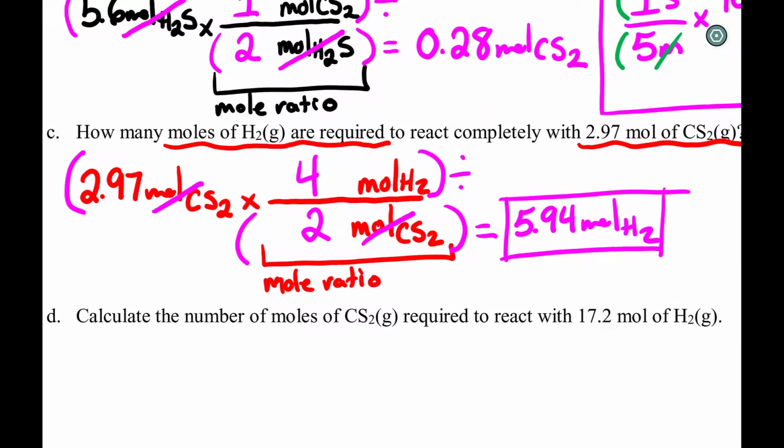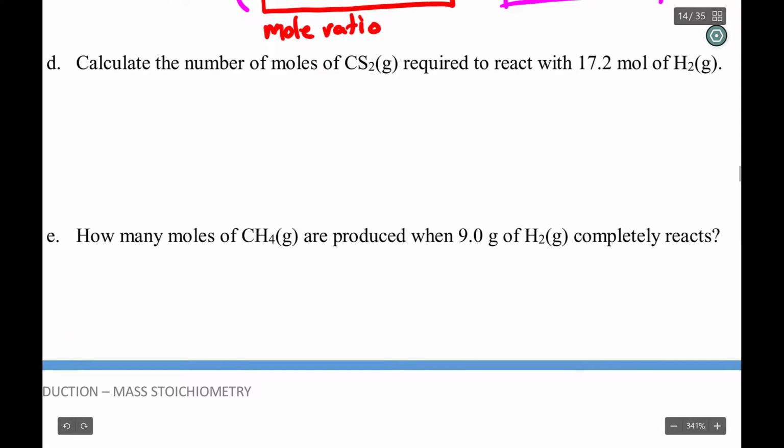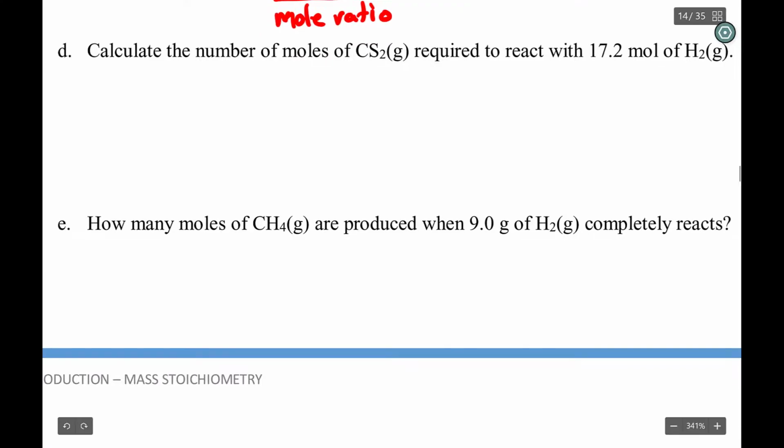So what I'd like you to do at this time is pause the video and give D a try. Pause the video now. Now that you've had a chance to try the question, let's go through it together. So the goal of the question is to calculate the number of moles of CS2 required to react with 17.2 moles of H2.